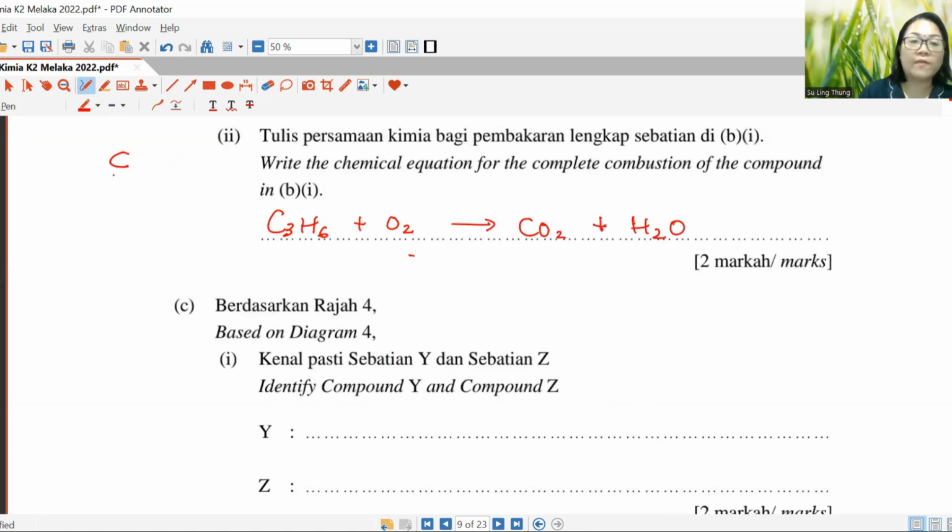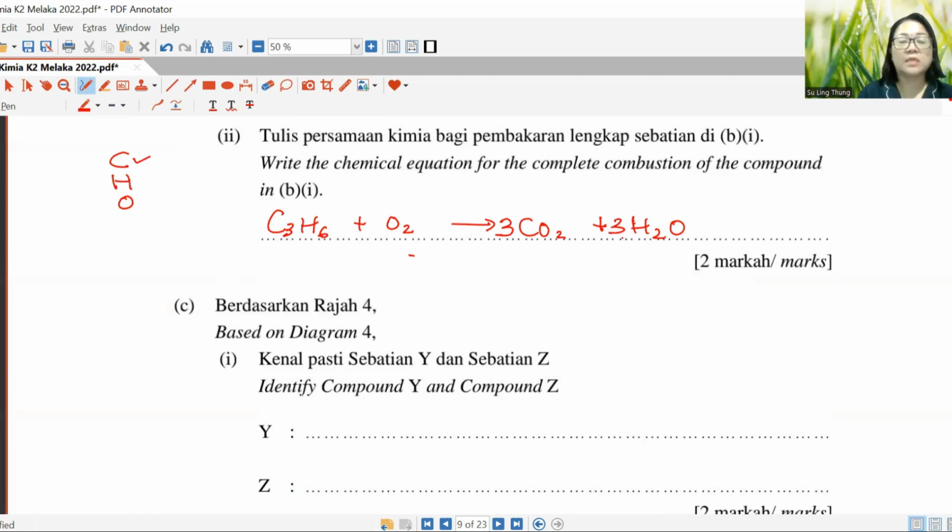Being the formula, we will balance the carbon first. Carbon, we've got 3 here, so you add 3 in front of CO2, followed by hydrogen. The hydrogen on your left is 6, so the other side has to be 6 as well. That is why you add 3 in front of the H2O.